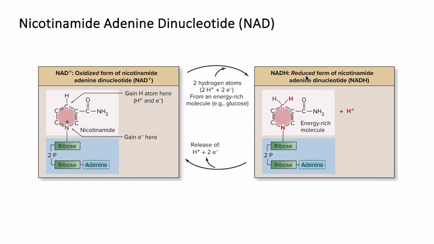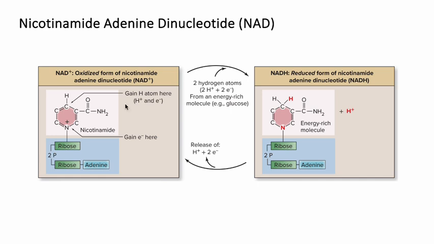These are the reduction and the oxidation. This has to do with the gaining or loss of electrons. There's a mnemonic called OIL RIG: OIL is oxidation is loss of electrons, and RIG is reduction is gain.